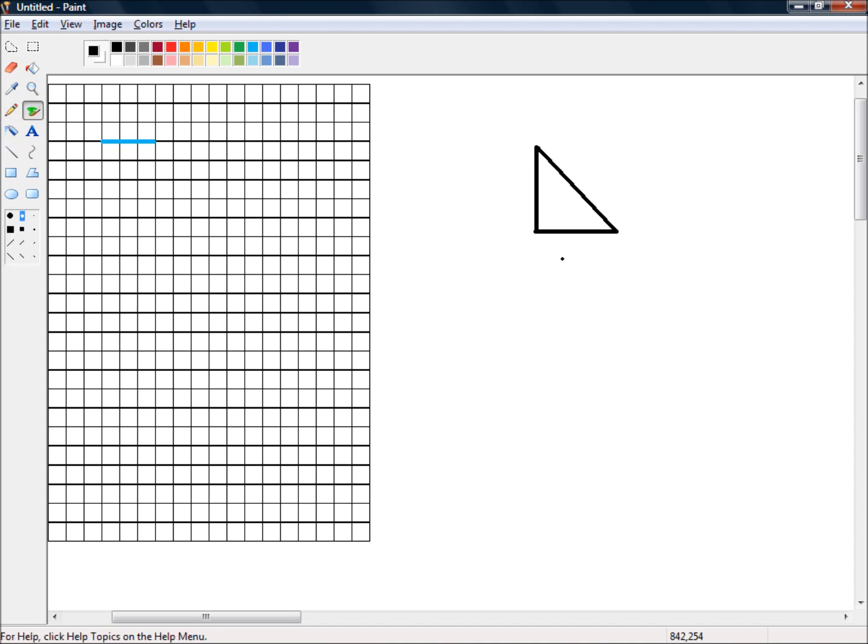So this is my x coordinates along the bottom, and this is my y coordinates up the top, and I want this to be 3 units. Well, we know from Pythagoras' theorem that the hypotenuse squared is equal to the sum of the squares of the other two sides.